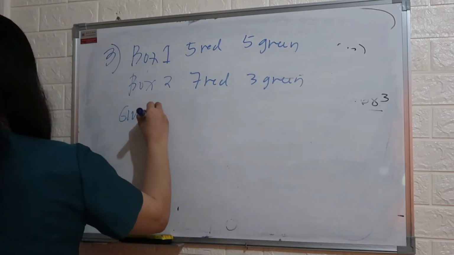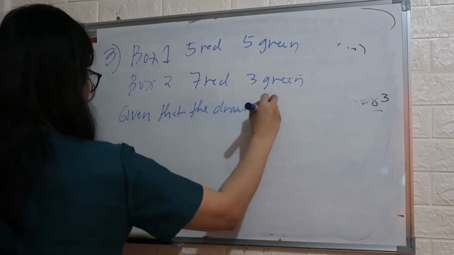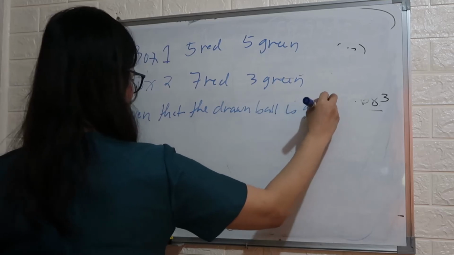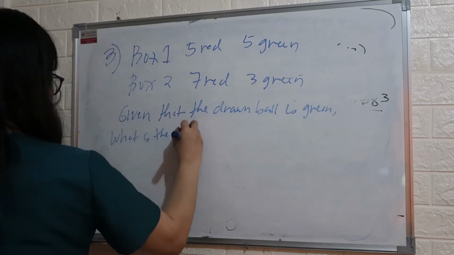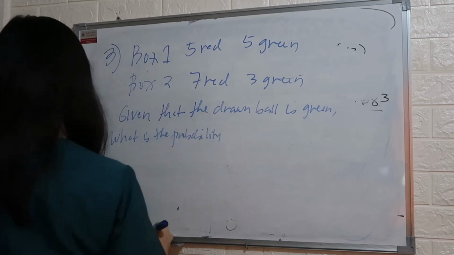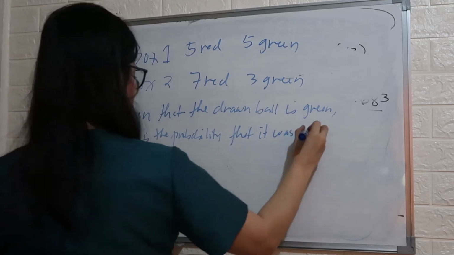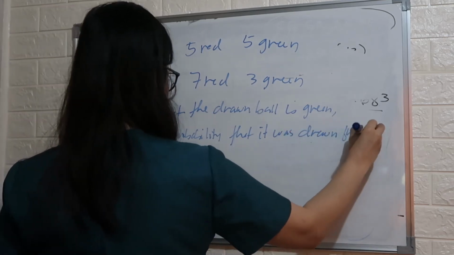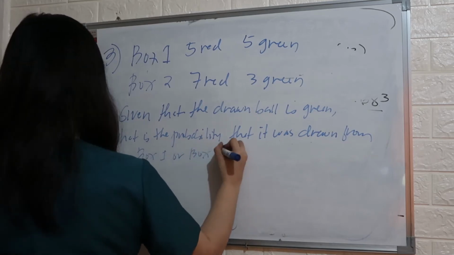Given that the drawn ball is green, what is the probability that it was drawn from box 1 or box 2?